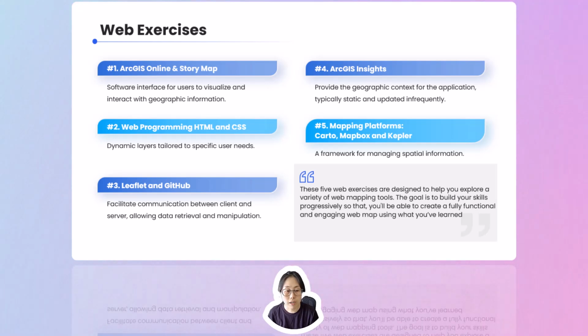You will complete a total of 5 web exercises, each running over roughly 2 weeks. Then, in the last 4 weeks of the semester, we will shift our focus to the group project, where you will apply these skills to design and build a full web mapping site as a team.